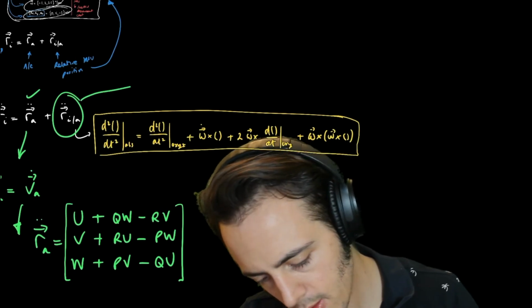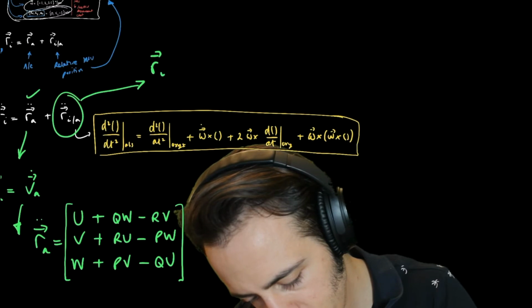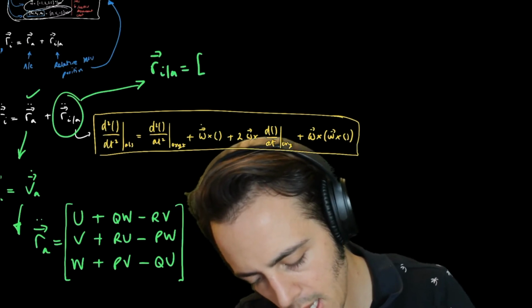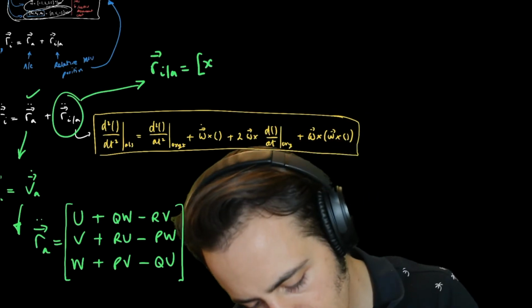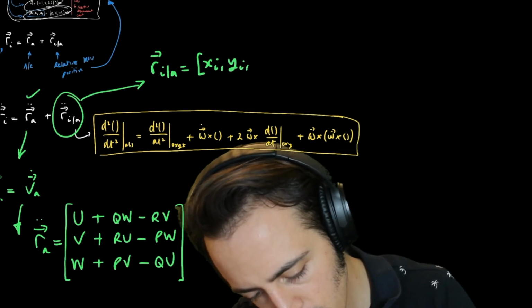So let's populate this. Remember that R double dot I on A is equal to, let's write it in general form, so we'll call it xi, yi, and zi.